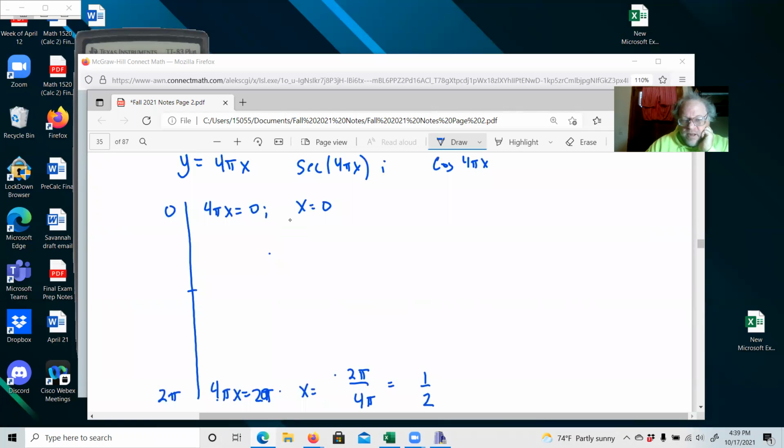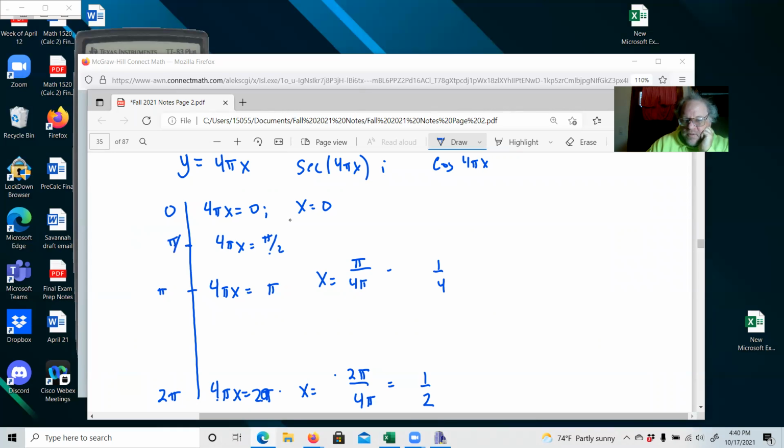The middle term was pi. So we have 4 pi x equals pi, so x equals pi over 4 pi, which is 1/4. Halfway between that, we're going to have 4 pi x equals pi over 2.